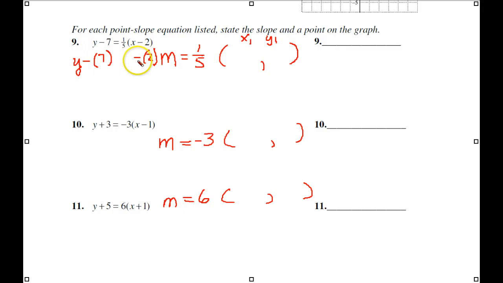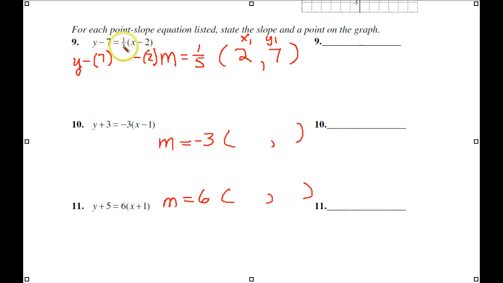So our ordered pairs, if you look at it as you see it, there's a -7, but our original ordered pair coordinate was a positive 7. And our original ordered pair x value was a positive 2.